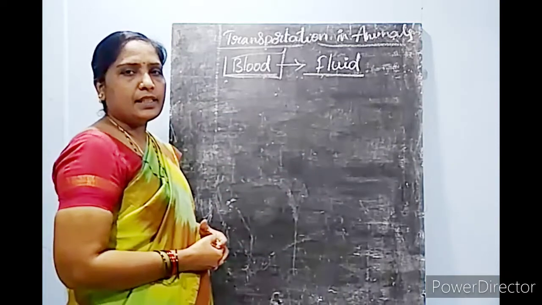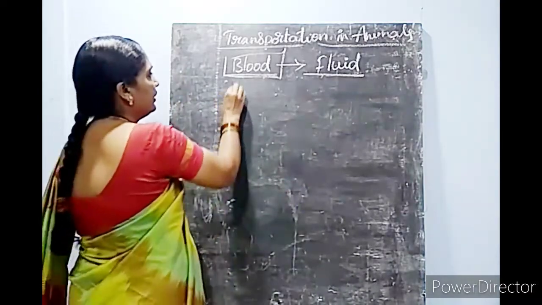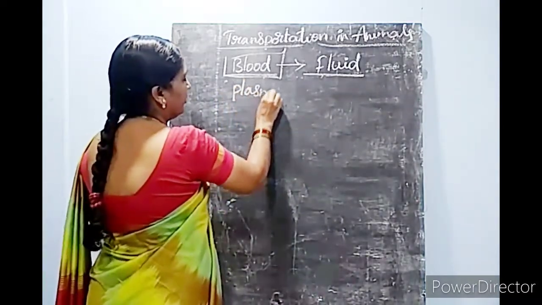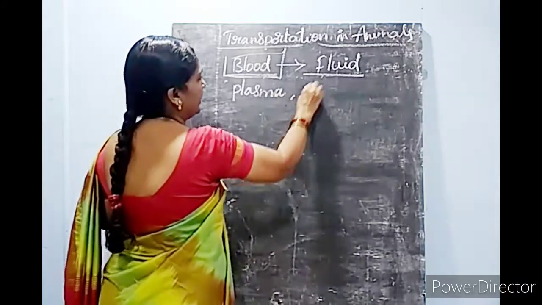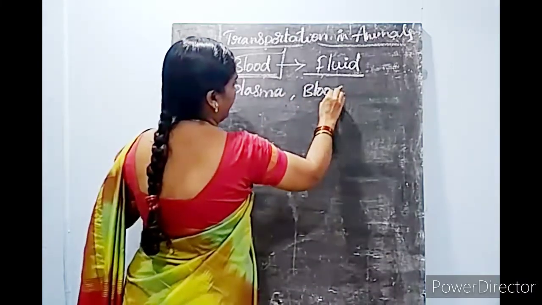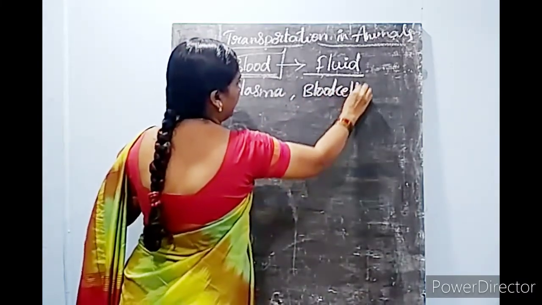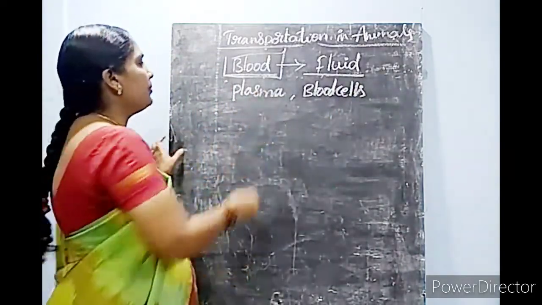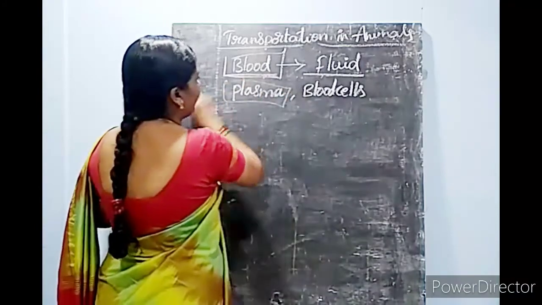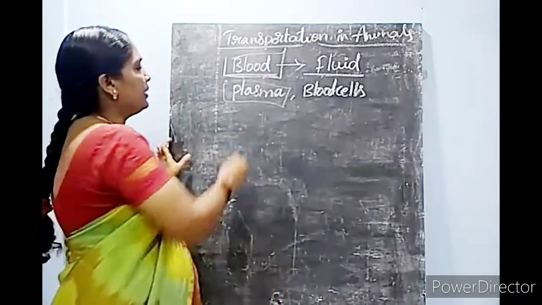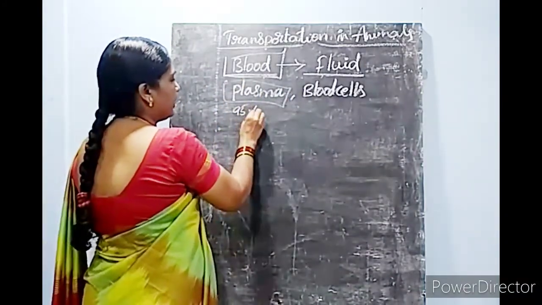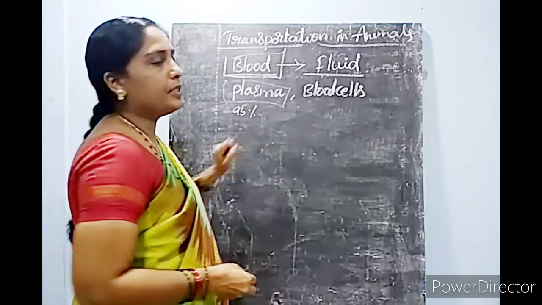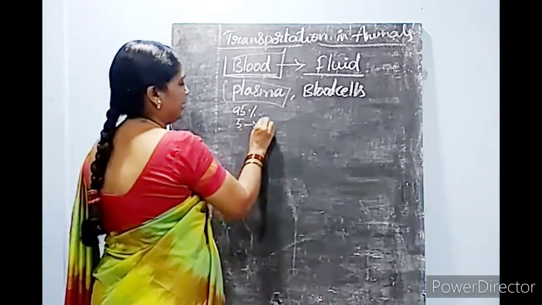Blood consists of plasma and blood cells. The plasma is the yellow colored fluid, which consists of 95% water, and the remaining percent is salts.